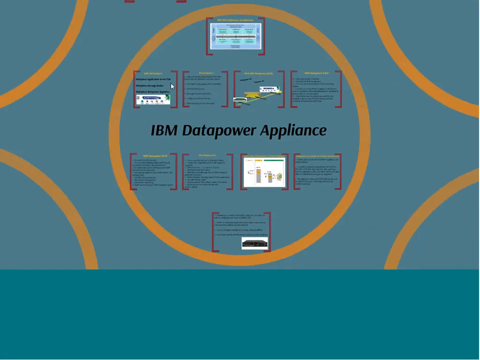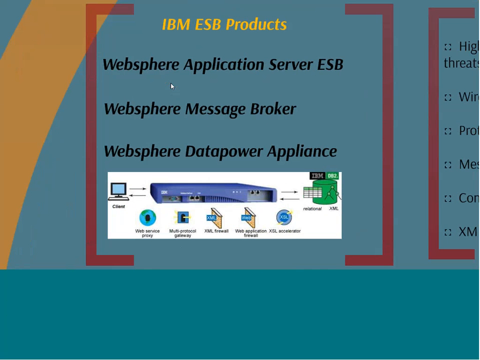The first one is WebSphere Application Server ESB. It also provides the functionality of ESB. Then WebSphere Message Broker, and then WebSphere DataPower Appliance. So all these things are geared towards implementing the concept of the ESB.